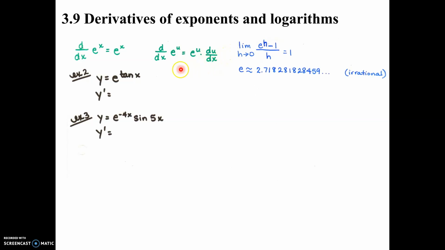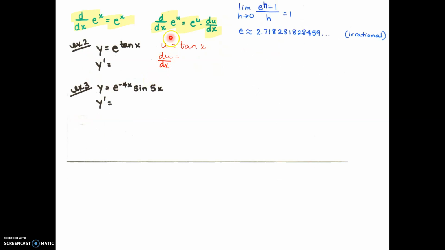All right, so let's say that we had e to the tangent x, and they ask us to take the derivative. Since this is not a plain x right here, we're going to need to use our u substitution. So we're going to do e to the u times the derivative of u. In our case, this exponent is our u.